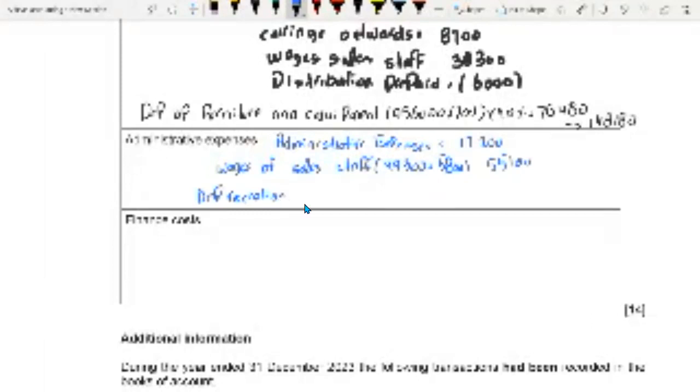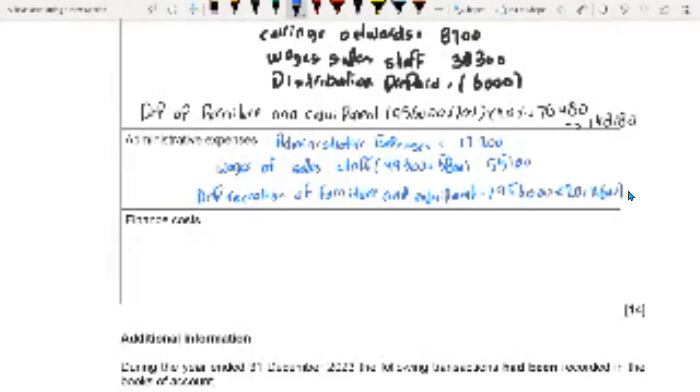For the depreciation of furniture and equipment, the net book value would be the same, which is 956,000 multiplied by 20%, multiplied by 60%, because 60% was the part of the administrative expenses.